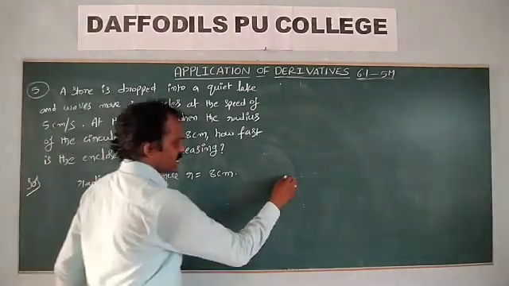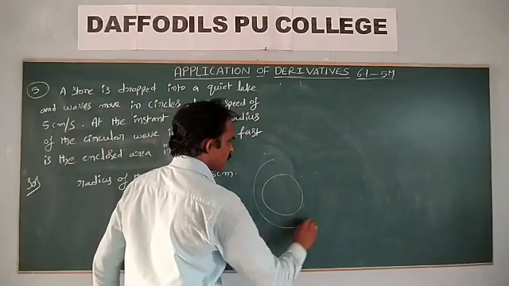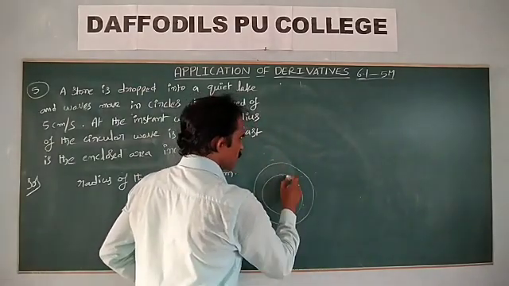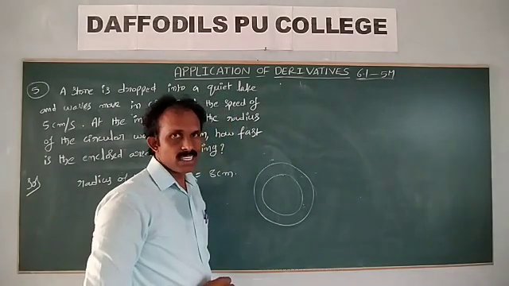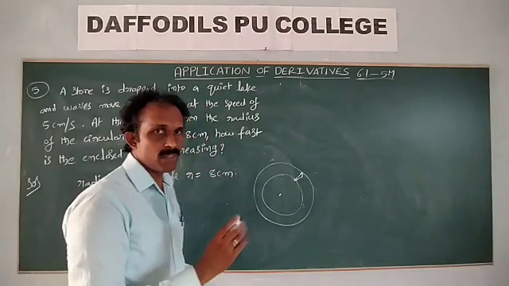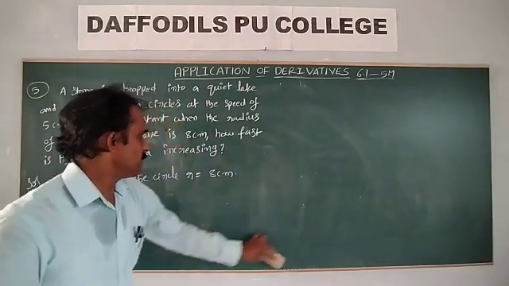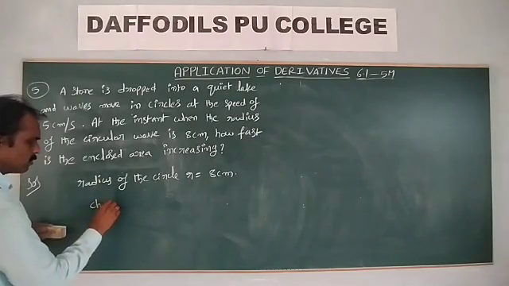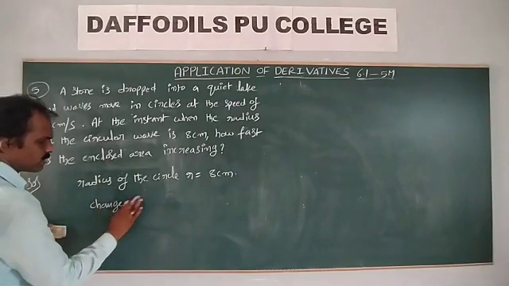Starting here and next here, so the change in radius from here to here. How much per second is the speed of the wave radius, that means the change in radius.